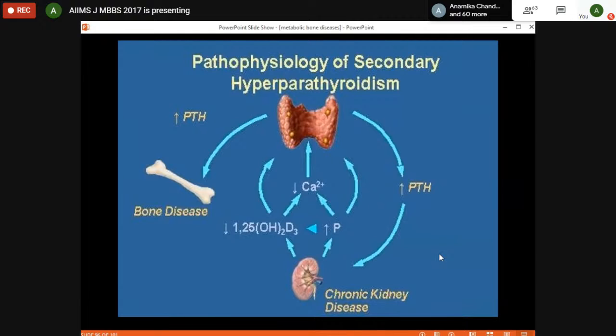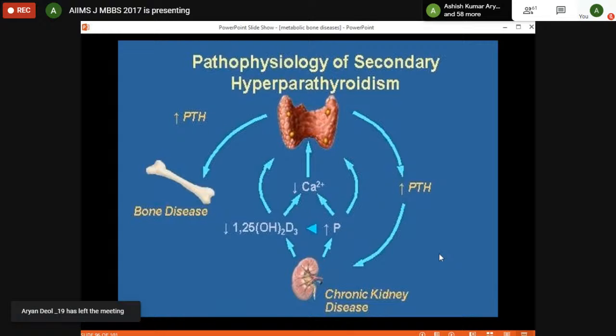So secondary hyperparathyroidism is mainly due to chronic kidney disease, which is due to the inability to decrease serum phosphate level in the body, as well as inability to produce vitamin 1,25 dihydroxy D3. Due to these two abnormalities of the kidneys, the parathyroid hormone usually increases to compensate the decreased calcium, or deficiency of calcium in serum.